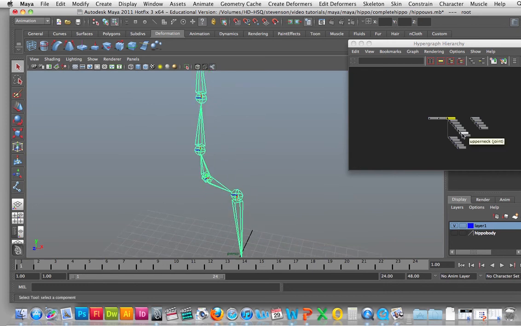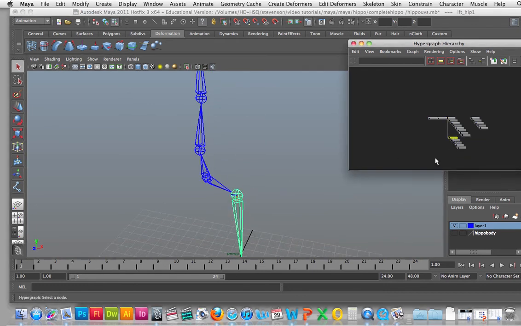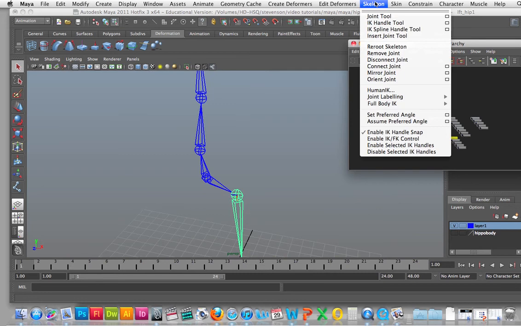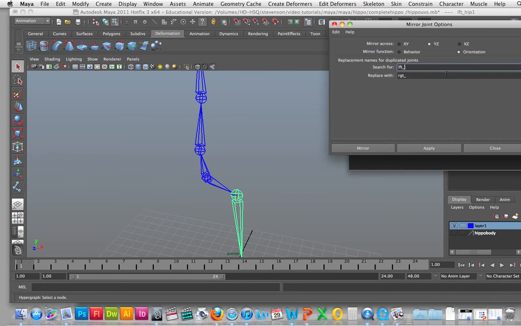So let's have a look at this one here, the left hip, and what we're going to do in the skeleton is mirror this over. Now if you mirror it over, I've got YZ, and we've got replacing left with right, and we're going for orientation.